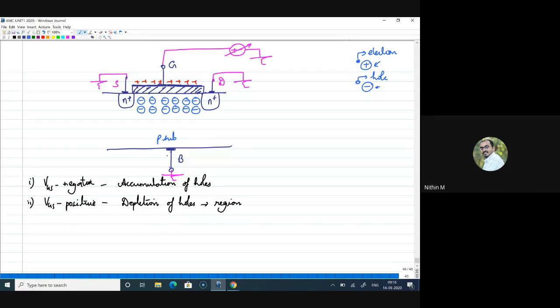Now holes will be pushed away, and the atoms will be uncovered, and we will get immobile ions that form the depletion region. But because of the attraction of the positive charges, electrons will actually be attracted towards the region beneath the gate, and that can be observed in this form.